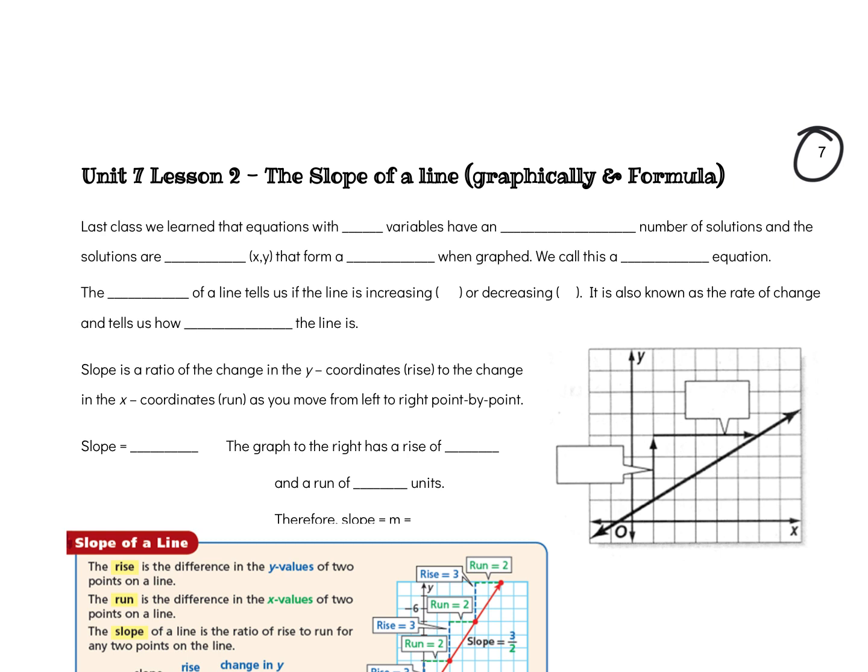So it says, last class we learned that equations with two variables have an infinite number of solutions. And these solutions are points, x comma y. Remember, x is always first, y is always second, that form a line when graphed.